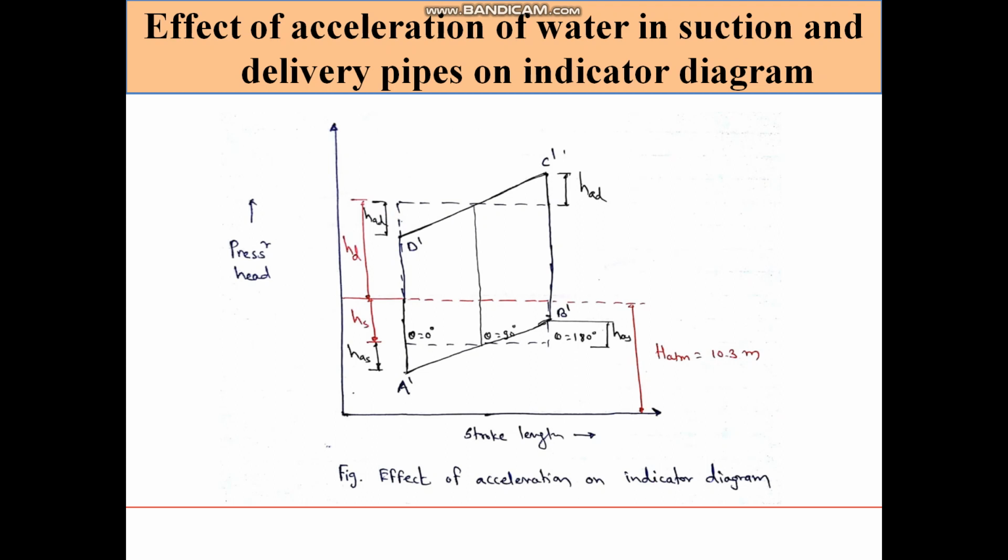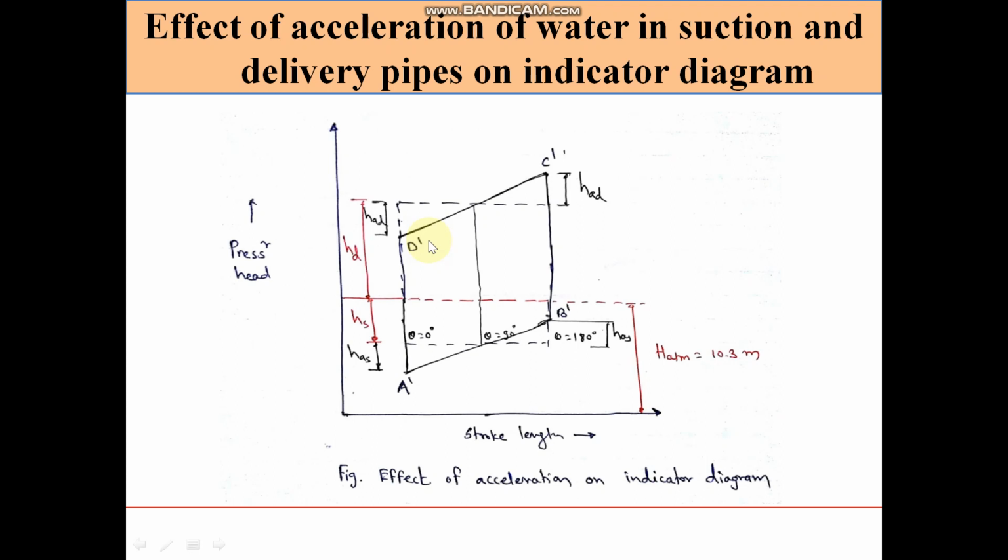So the line C dash D dash is representing the delivery stroke. Therefore if the variation of acceleration of water is considered, the indicator diagram is going to change from ABCD to A dash, B dash, C dash and D dash.